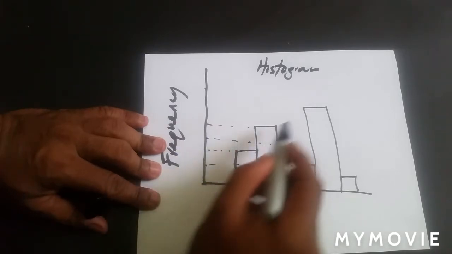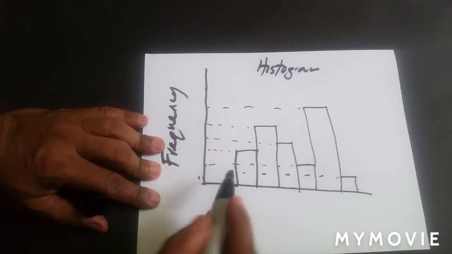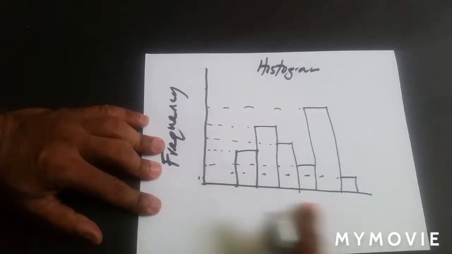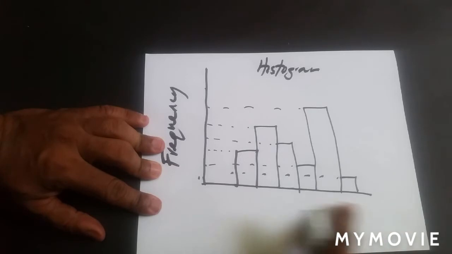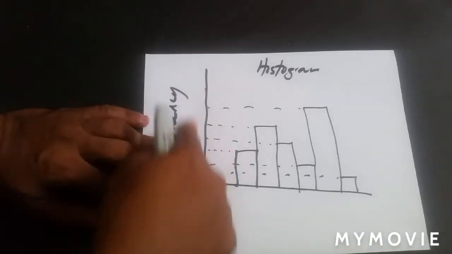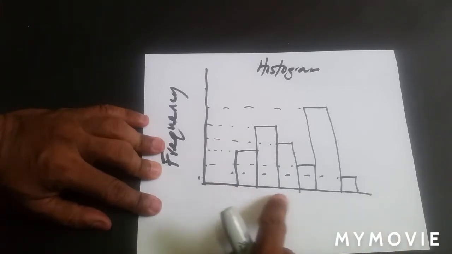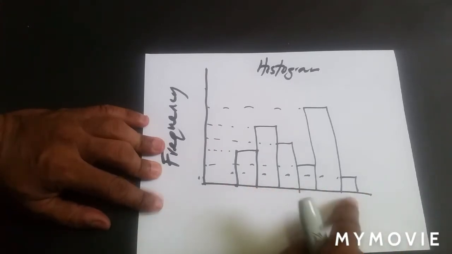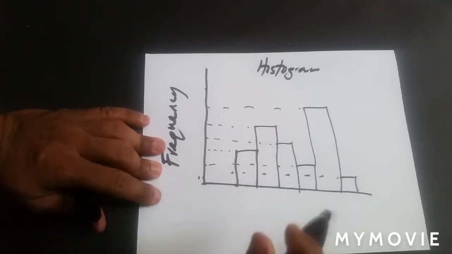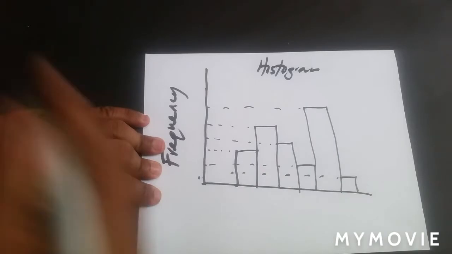So the frequency would represent the height of each bar coming across there. And of course, after numbering this axis with the relevant scale, we're numbering with the scale as well on this axis, but with this scale, after we number, then we locate the class boundaries to get those base or width of the bars established.